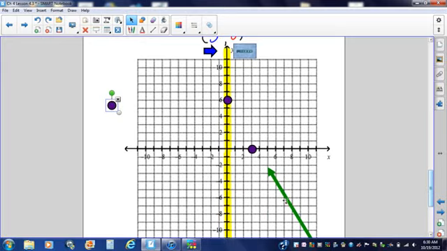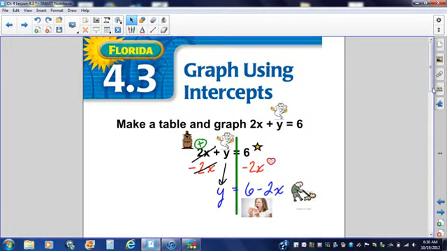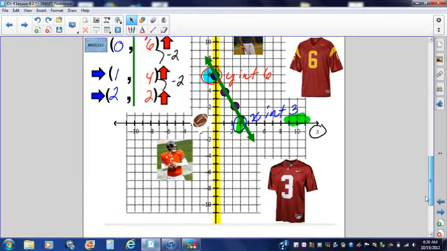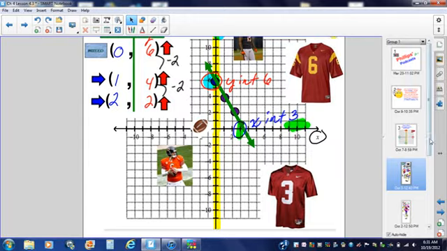I will connect my 2 dots with a line. Strangely enough, this graph is the exact same graph that we did over here. They are the same. Notice I have the same intercepts.